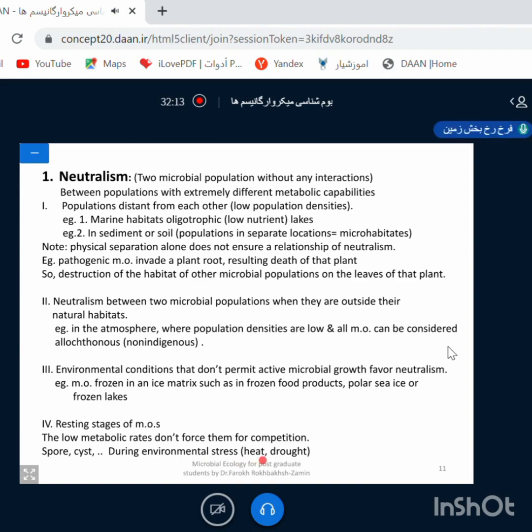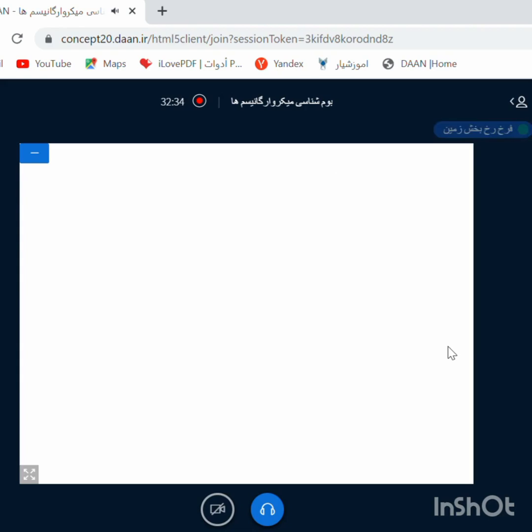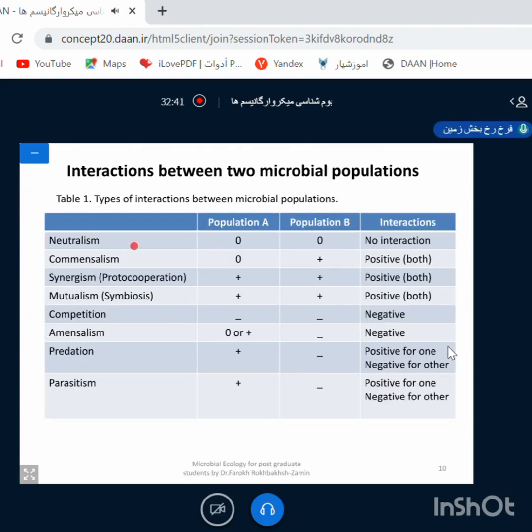In any case, when a microbe changes its appearance from vegetative form to resistant form, its interaction with other microbes tends toward neutralism. Okay, the first interaction is over. Neutralism: population A 0, population B 0.